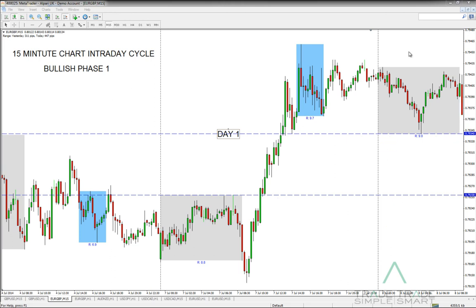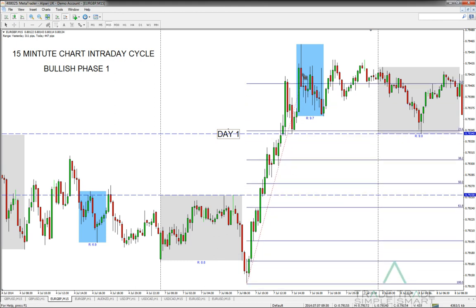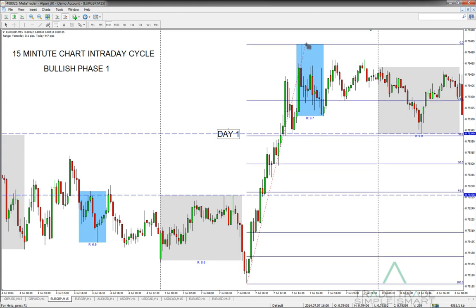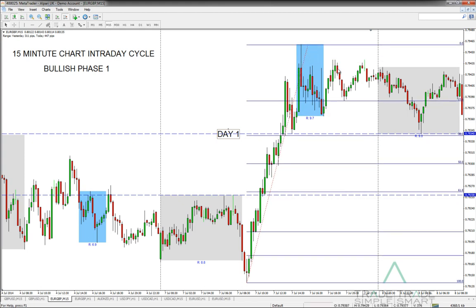Now, what adds weight to these levels is if we see another technical level align with one of these levels. So just for interest's sake, we will take the Fibonacci retracement tool, and we will go from yesterday's low up until yesterday's high. Okay, and just by doing this, we can see that the 0.382 internal retracement of the previous day's high and low has aligned with our first support level, which is the low of the Japanese session.